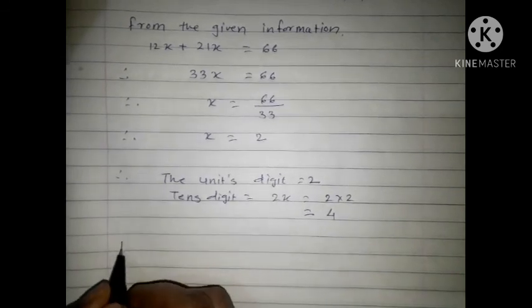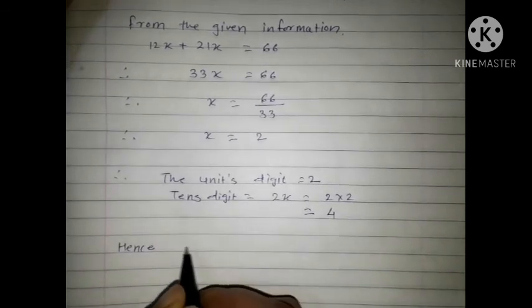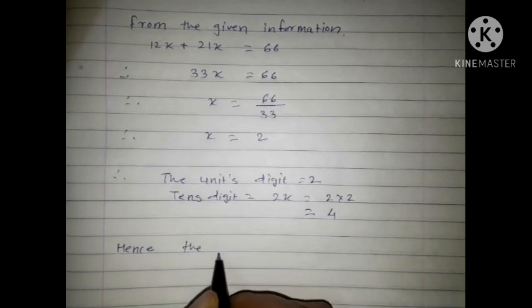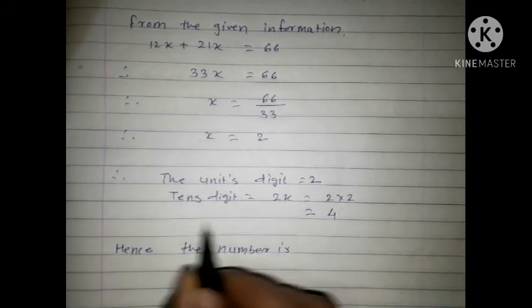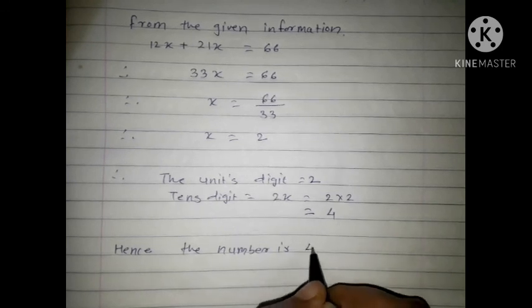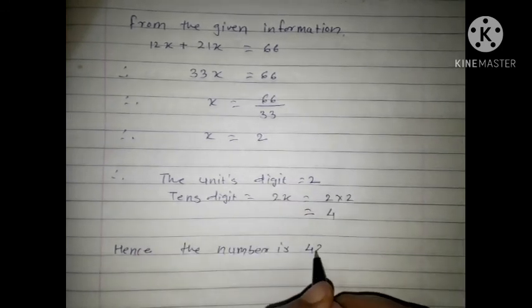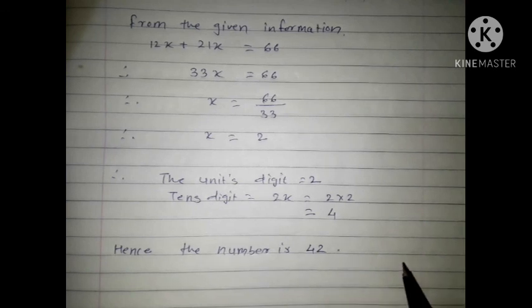Hence the number at the tens place is 4, and the unit place is 2. Therefore the number is 42.